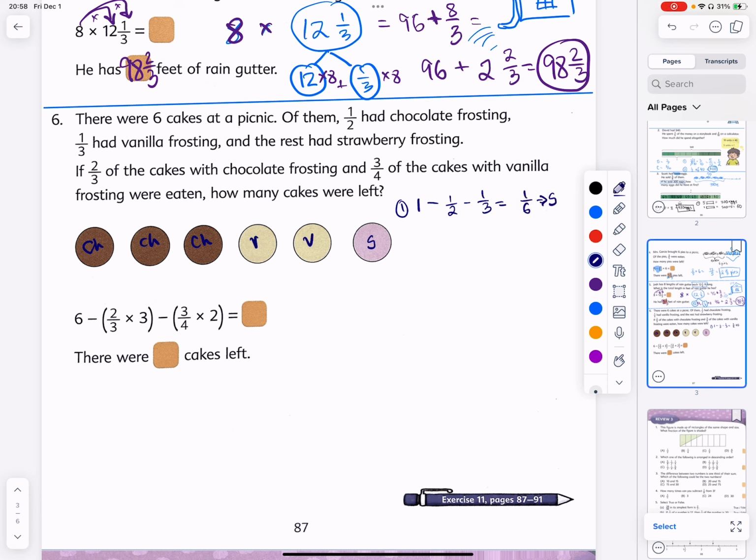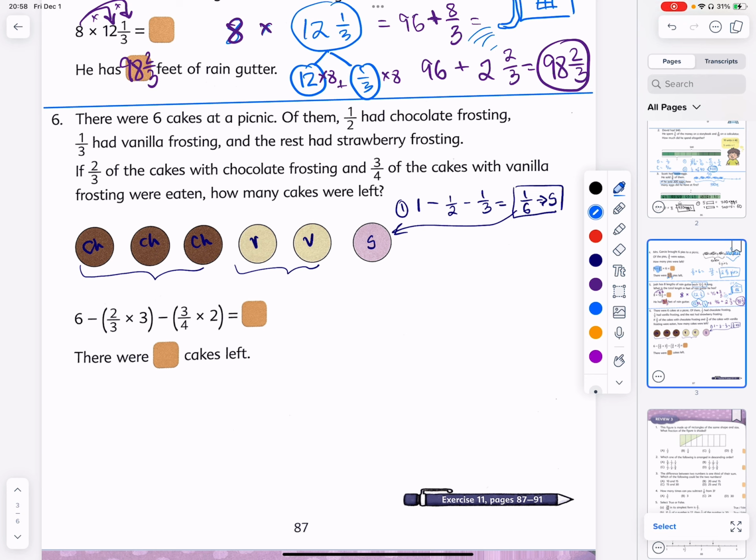Okay, this is your 1/6, and that's strawberry cakes. Now, if 2/3 of the cakes with chocolate frosting and 3/4 of the cakes with vanilla frosting were eaten, how many cakes were left? Well, let's compute.